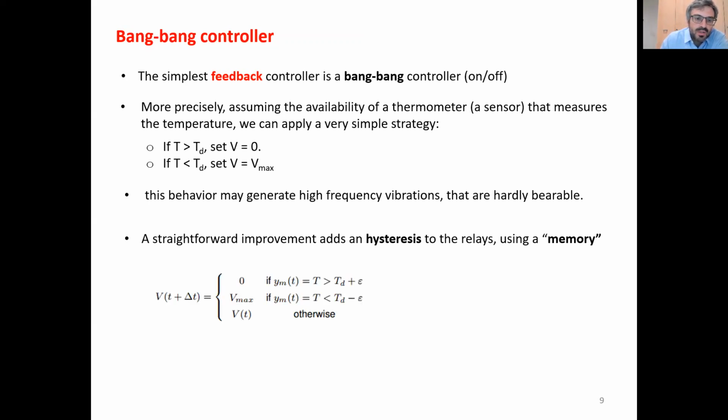If you put hysteresis in the control action, this is usually a relay, which switches off the heater whenever the temperature is bigger than the desired plus some epsilon, or switches on whenever the temperature is below the desired minus some epsilon. So we have a window for which there is no chattering. Otherwise, the system starts chattering all the time because it will always cross around the desired temperature. And this is bad for the actuator. A voltage that goes from 0 to max all the time is not healthy.